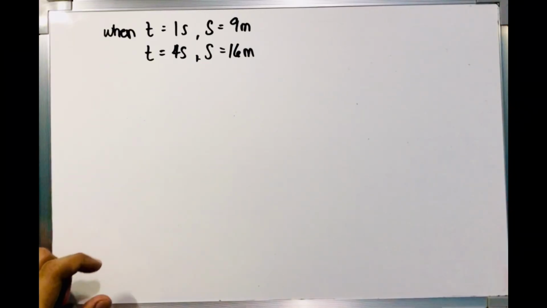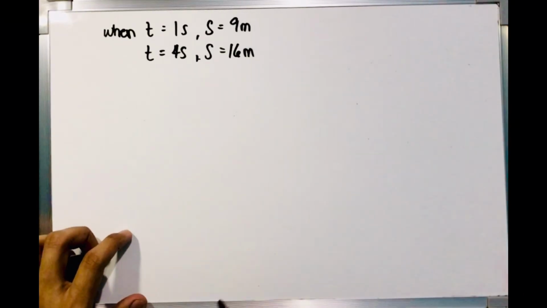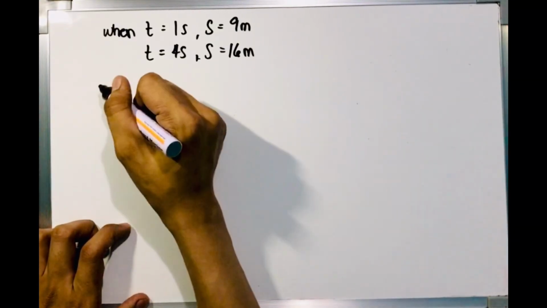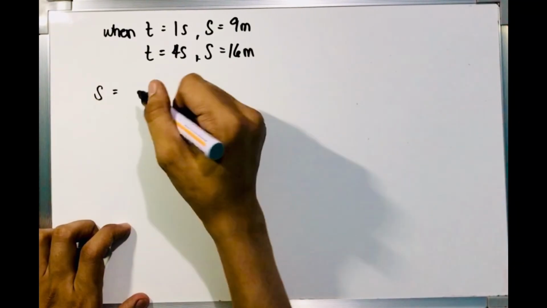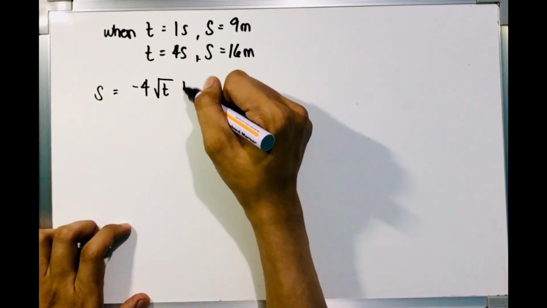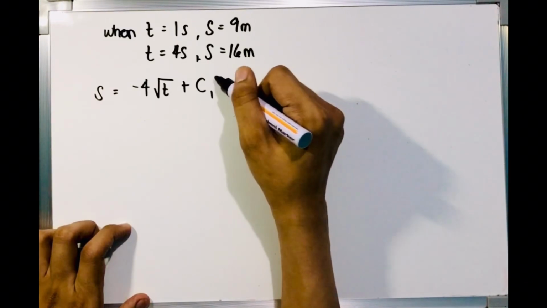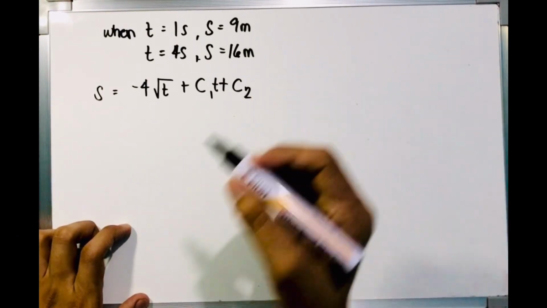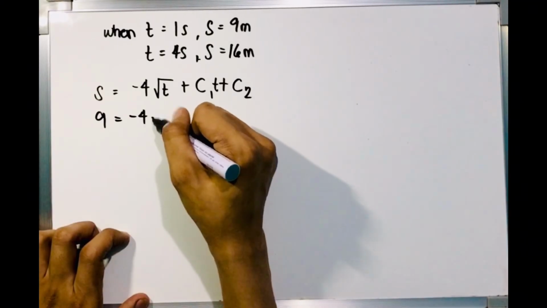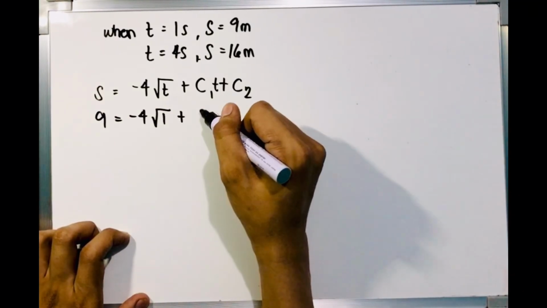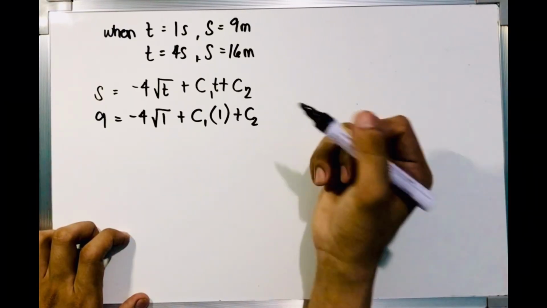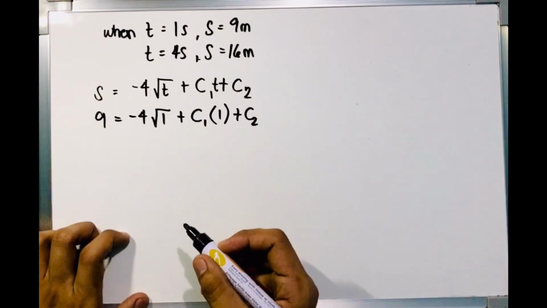So for my first equation, let's use the first condition and then embed it to our displacement function, which is written as negative 4 square root of t plus c1 t plus c2. Okay? So isa-substitute natin yung s as 9 and then negative 4 square root of 1 plus c1 multiplied by 1 plus c2. Okay? And then let's simplify.